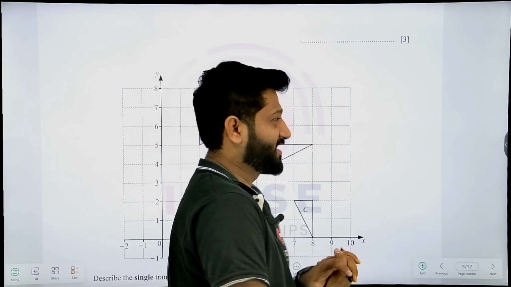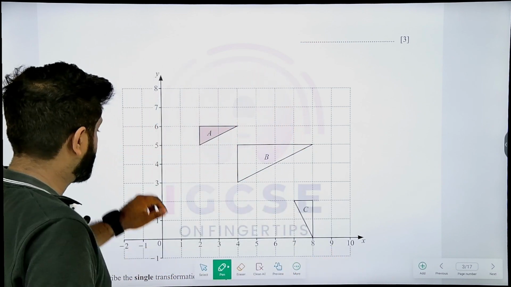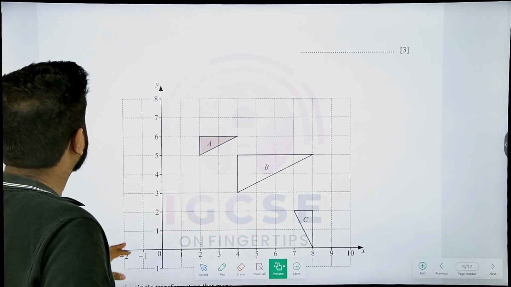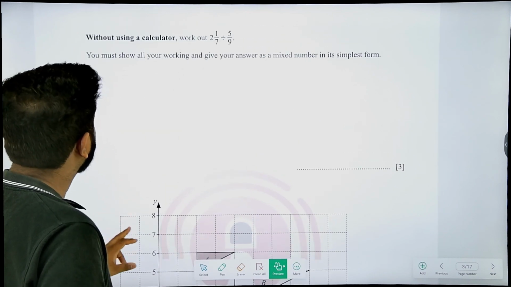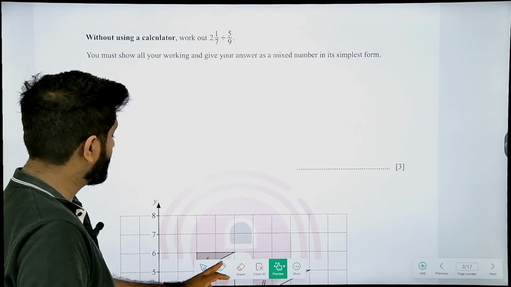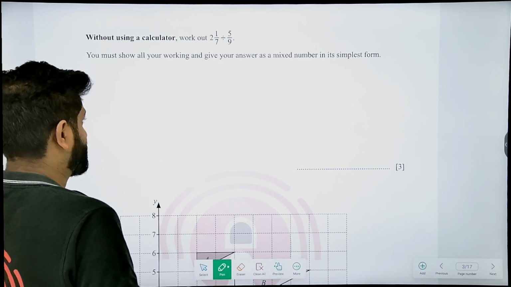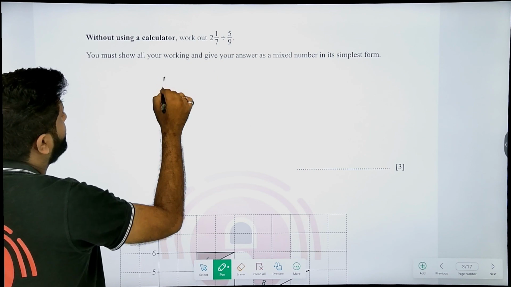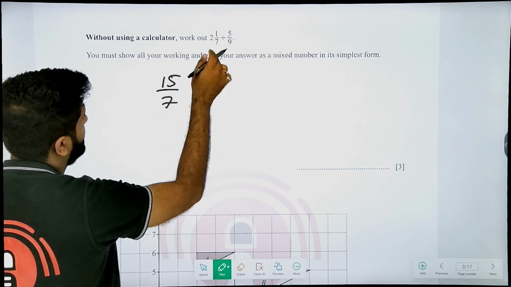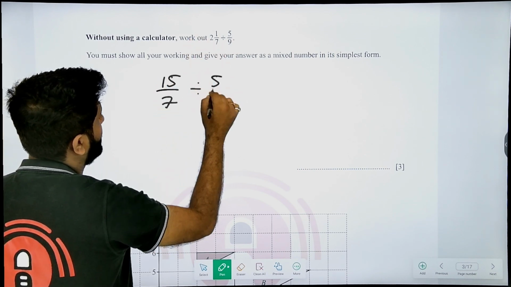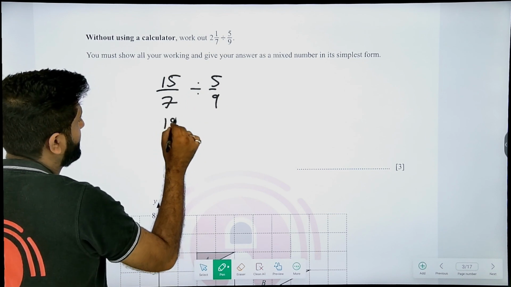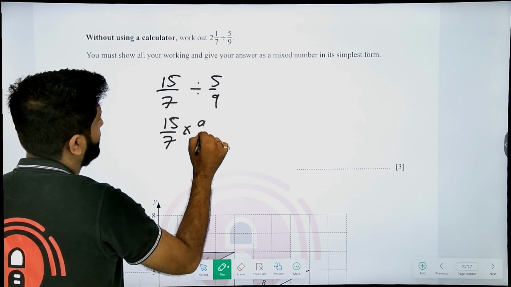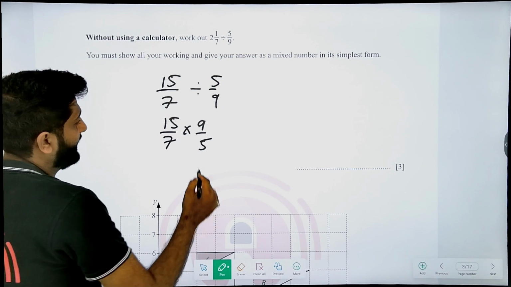Right, let's get started with the very first question. The first question says, without a calculator, solve this. Let me rearrange this. I can write this as 15 over 7 divided by 5 over 9, which can be simplified as 15 over 7 times 9 over 5.